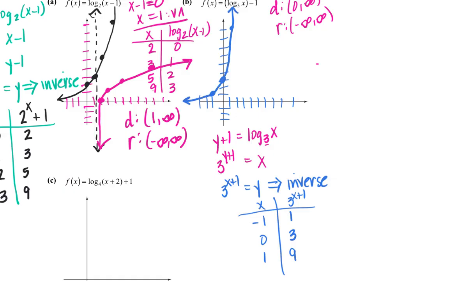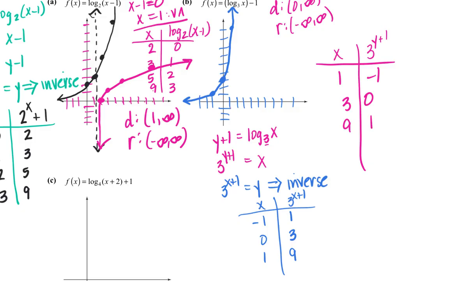And then flip those numbers. So now you've got your x, and then this is your 3 to the y plus 1. So we got 1, -1, 3, 0, 9, 1.